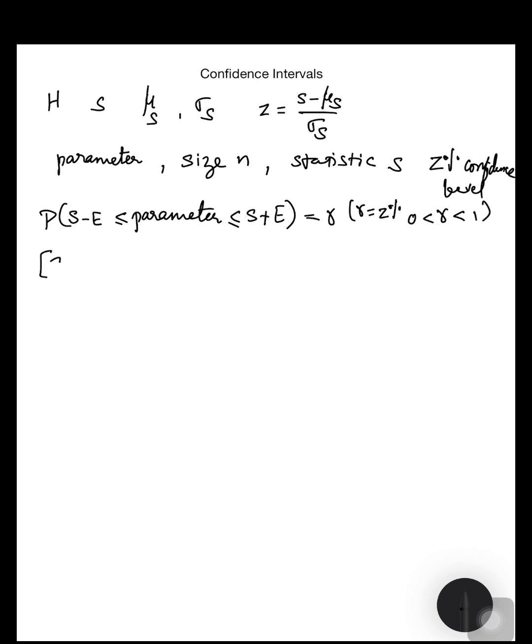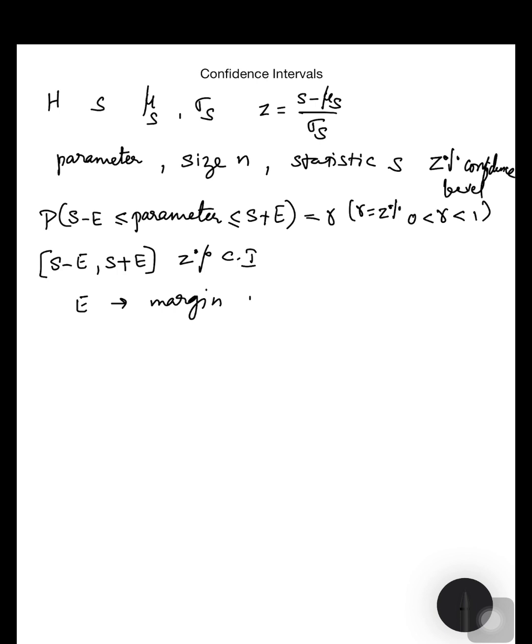Then we consider the closed interval S minus E, S plus E as a random Z% confidence interval for the required parameter, and E is called the margin of error. This means that the probability is gamma that a random sample will result in a value S for which the numerical interval S minus E, S plus E contains the required parameter.